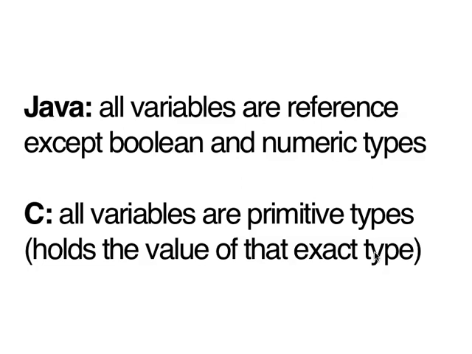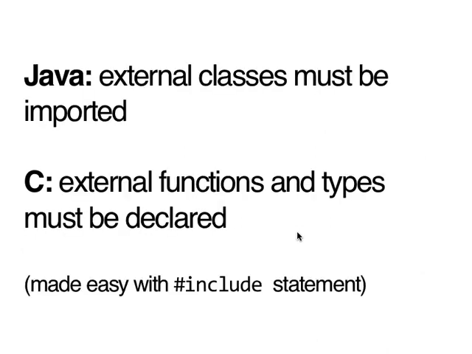In C, everything is a primitive type. Right? In other words, it holds exactly the value of that exact type. You don't declare something and then it becomes a reference. If you want something to be a reference, you have to explicitly say this is a reference. Okay? So C is more explicit than Java.